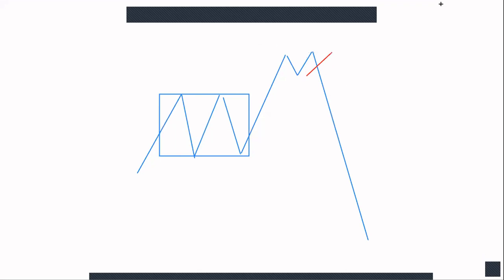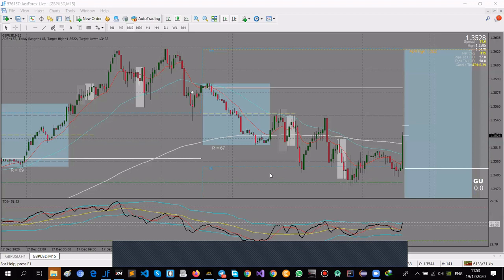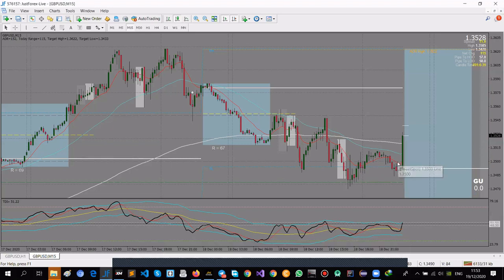And the entry will be on that red line there. Simple as that. That's what we'll be looking for on Monday.